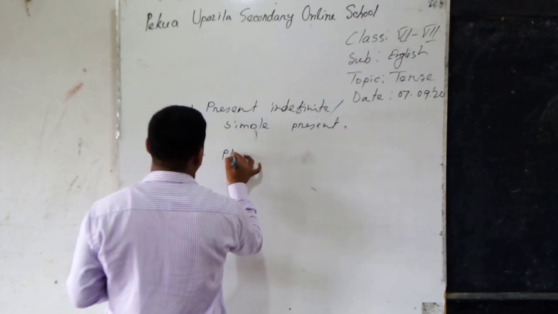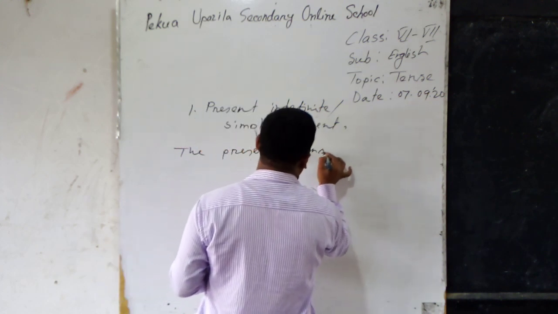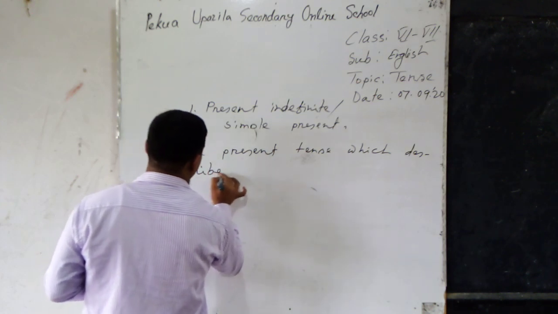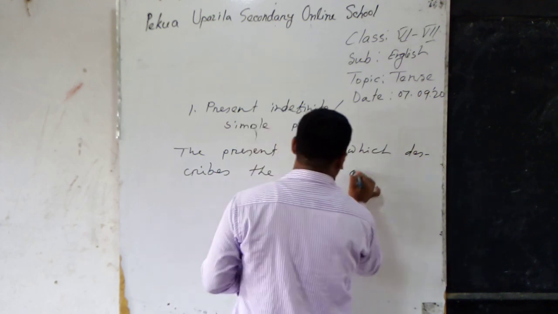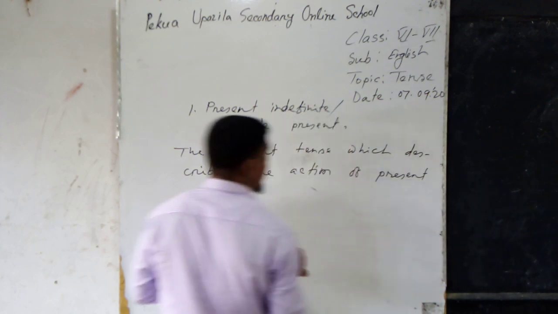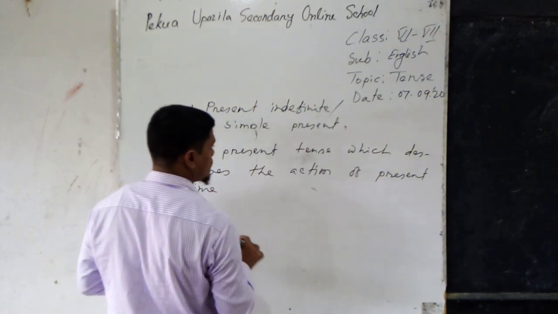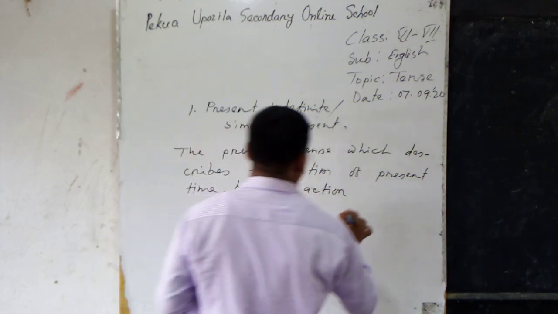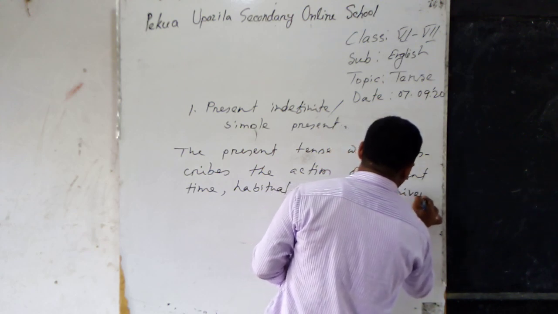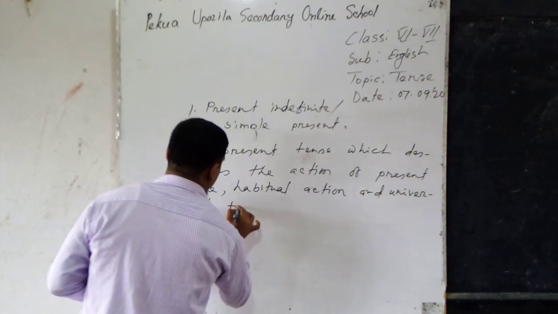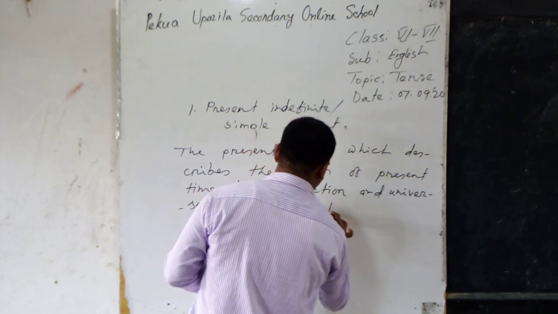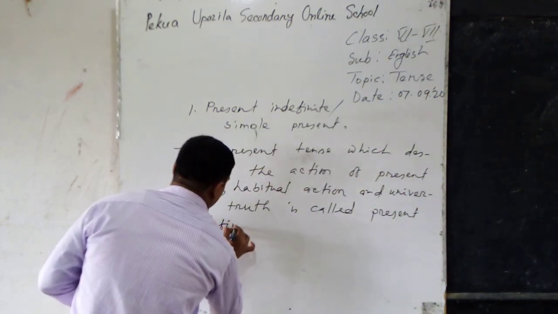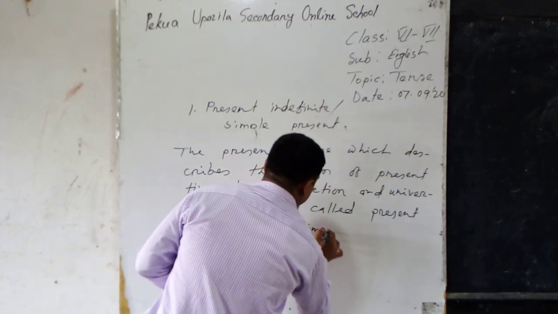The present tense which describes the action of present time, habitual action and universal truth is called present indefinite or simple present.